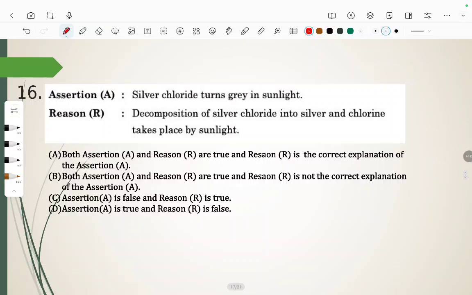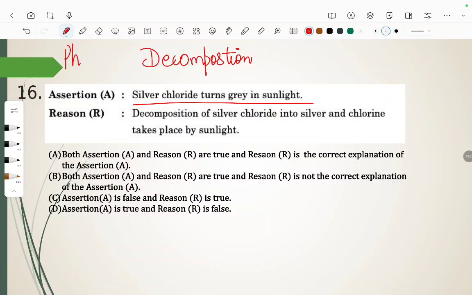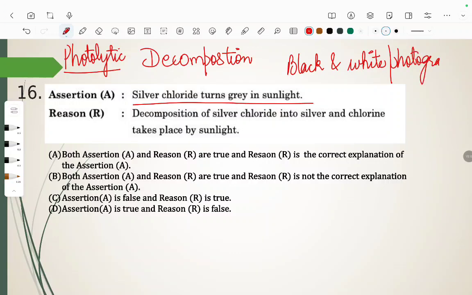Next, assertion-reason. Silver chloride turns gray in sunlight. Which type of reaction is this? Can anyone tell this? Yeah, it's a photolytic decomposition. And what is its application? It is used in black and white photography.